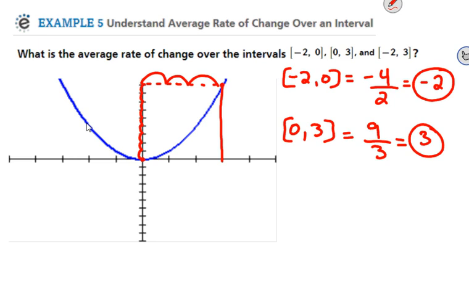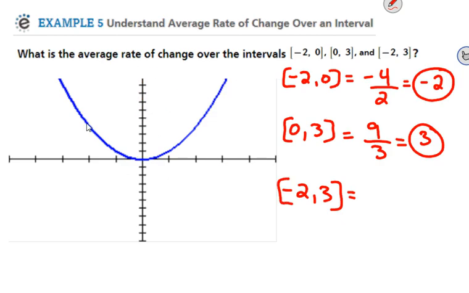The third interval, -2 to 3. Okay, so now we're going with this point and this point.